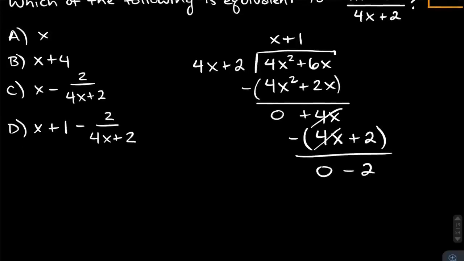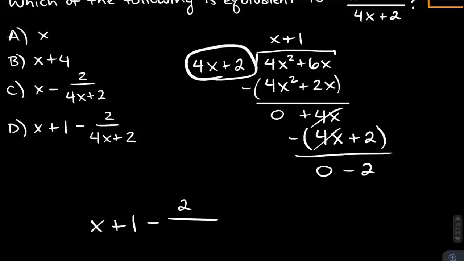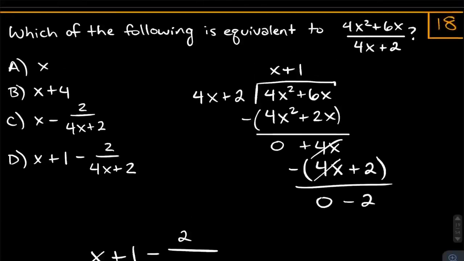So your quotient here is x plus 1, right? And so the answer is x plus 1, but then you have to do remainder over divisor, right? Your remainder is negative 2, so you do minus and then that 2 up there. Your divisor is what you're dividing by, right? So how would you know what you're dividing by?